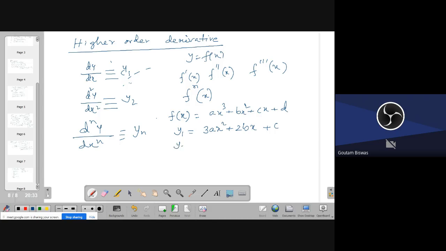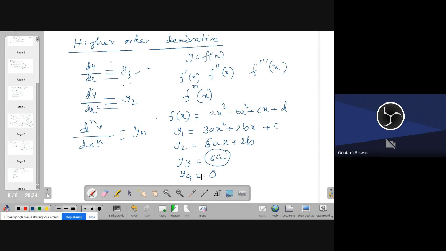Then y2 is 6ax + 2b, and y3 is 6a. So it has run up to y3, the third derivative. After that, y4 will be equal to 0. So that is successive differentiation, and after the third derivative it becomes 0. It may so happen.